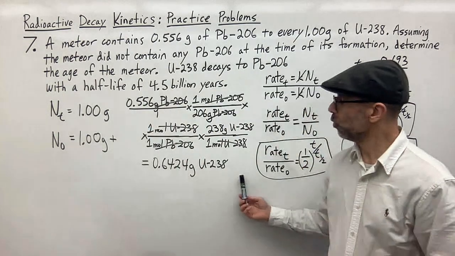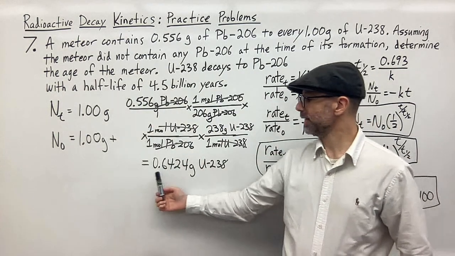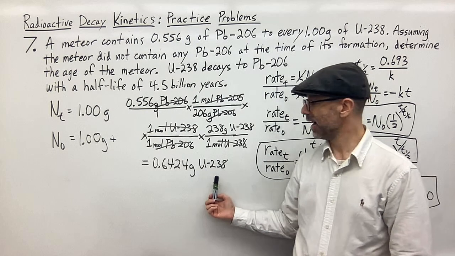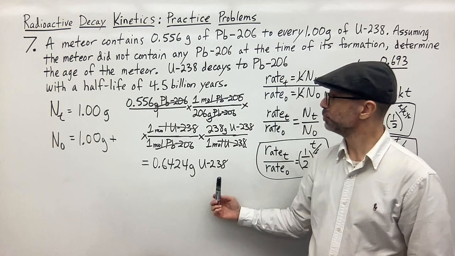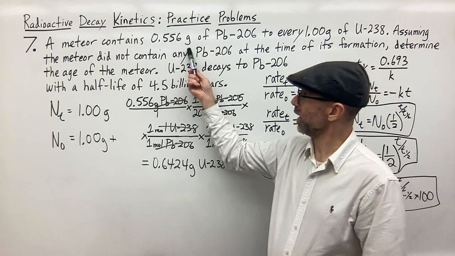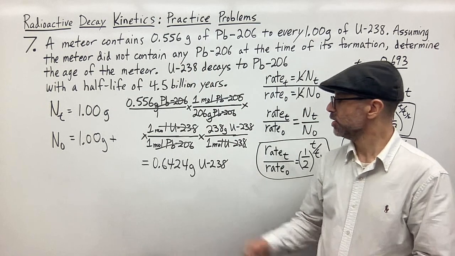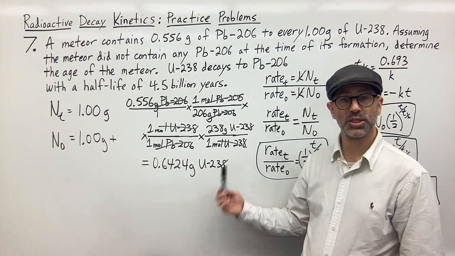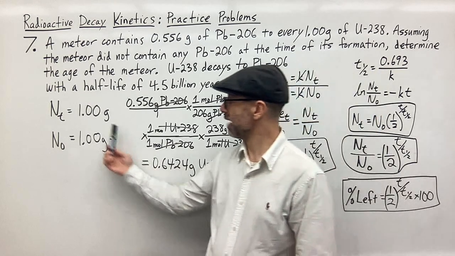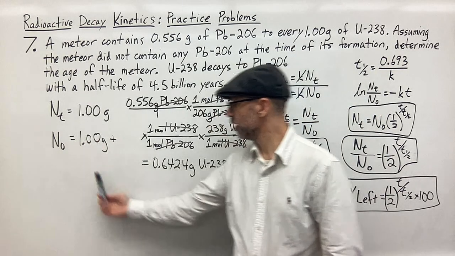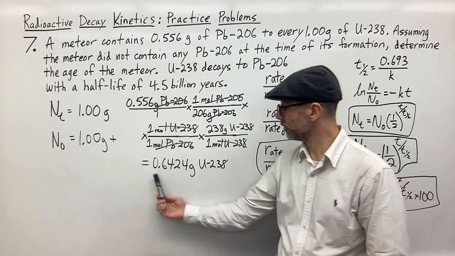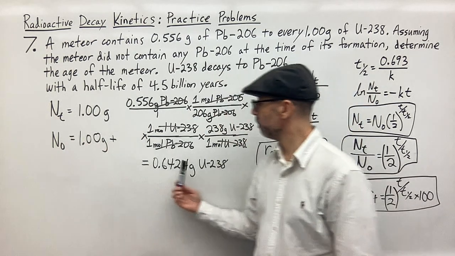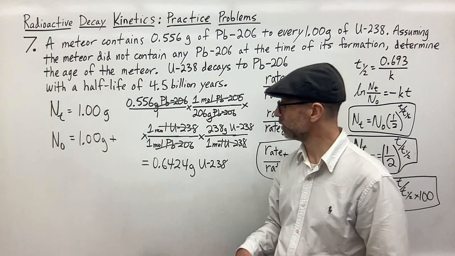So what does this mean? This means that this is the amount of uranium 238 that decayed to produce this many grams of lead 206. So this is part of the original amount that we started with. Right now, what we have left is 1 gram. So this is the amount that decayed. So the original amount is going to be the 1 gram plus this amount here.